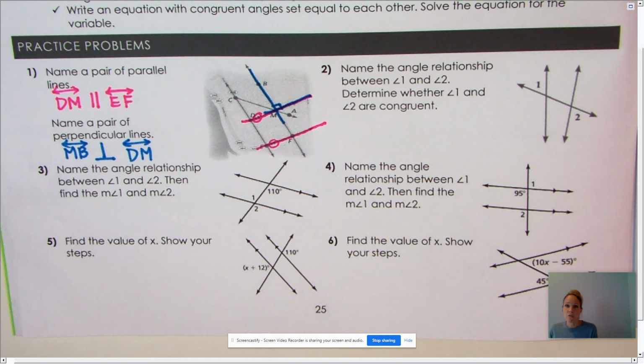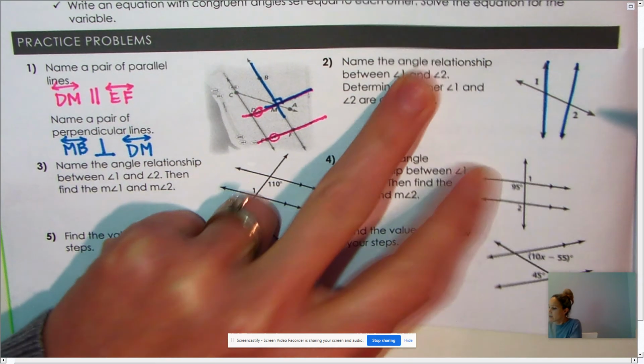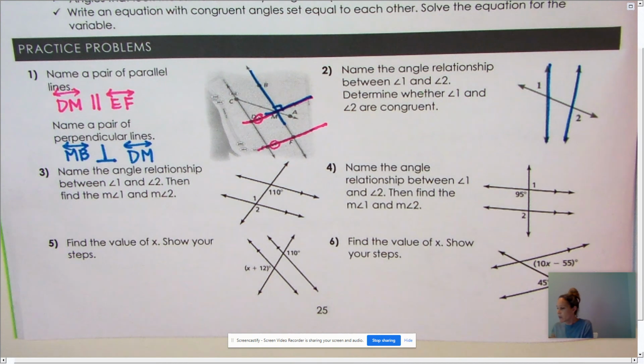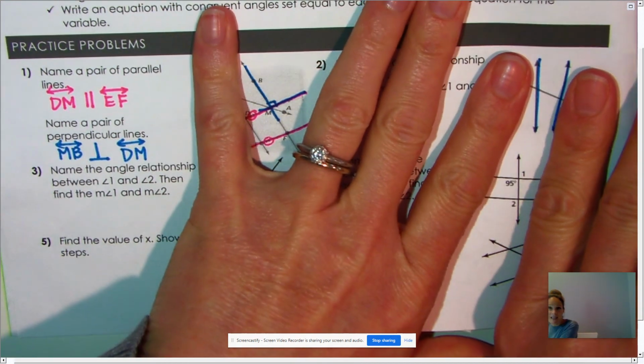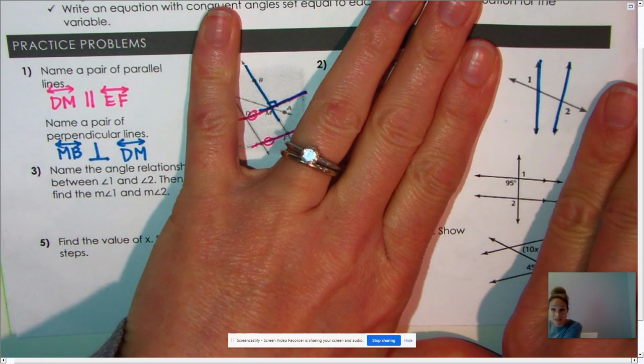Okay, question 2 says, name the angle relationship between 1 and 2, determine whether they are congruent or not. So if you look at your two lines, and I try to have my students trace them with a different color, then you can see, are those angles inside or interior, or are they on the outside? Hopefully you said outside.